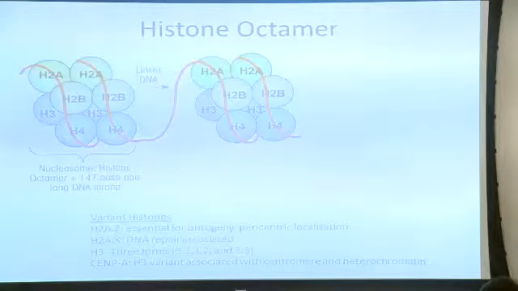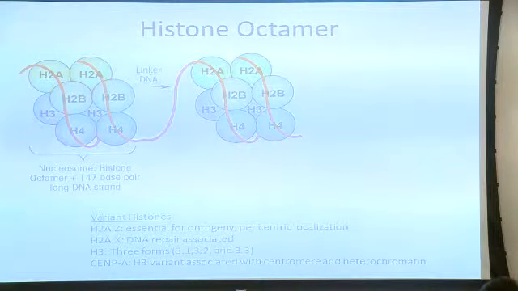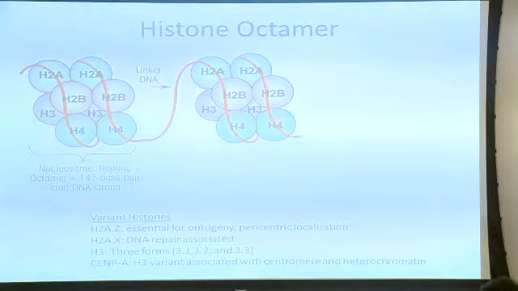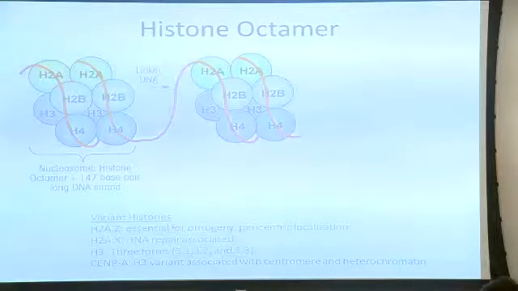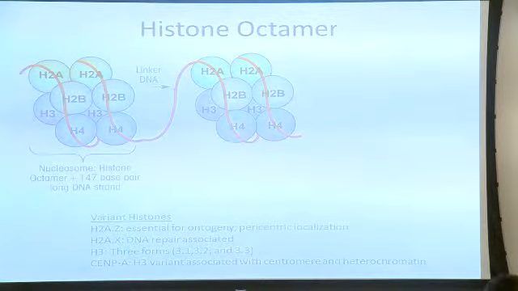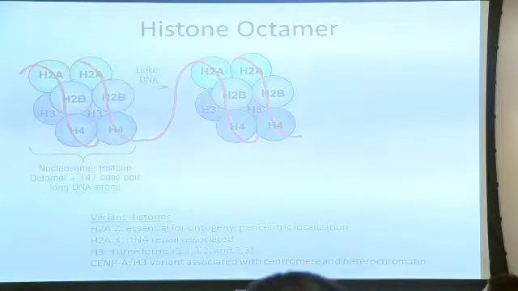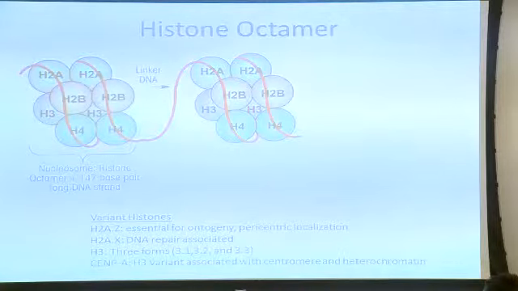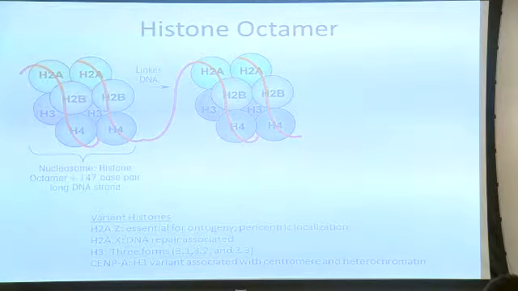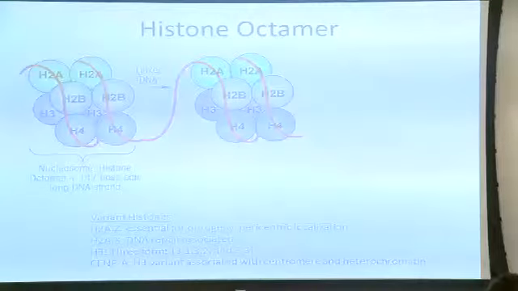There are certain variant histone proteins that you can hear all about: H2AX, H2AZ, which is a gene, very central region. And H3 comes in several forms, 3.1, 3.2, and also CENP-A, which is the centromeric H3 variant.